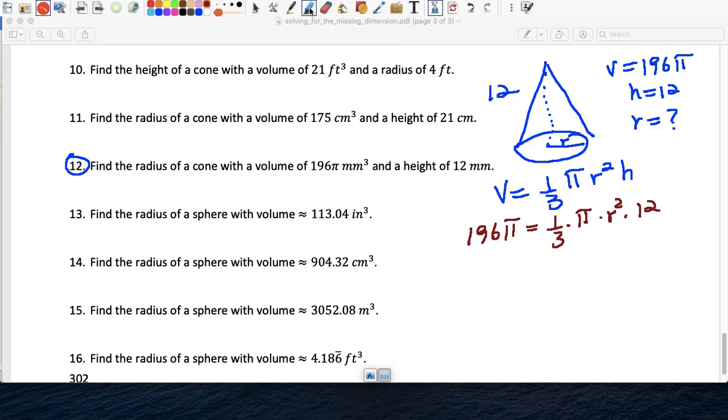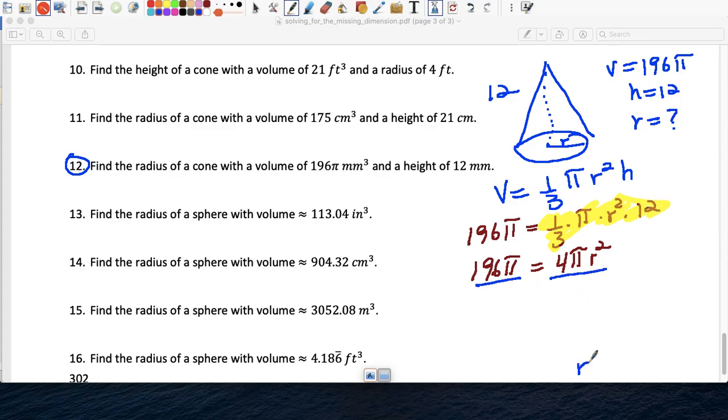I want to clean up this mess and write it a little smaller. So I'm going to multiply 1/3 times 12, which is 4. So 1/3 and 12 becomes 4, and then I'll write everything else: pi and then the r squared.